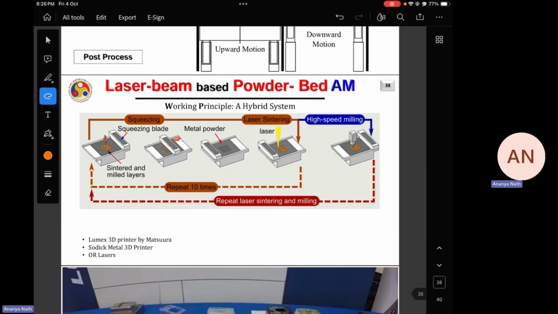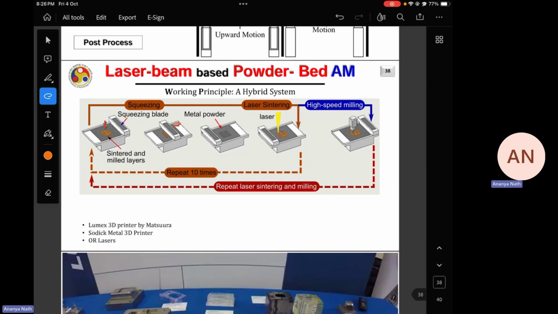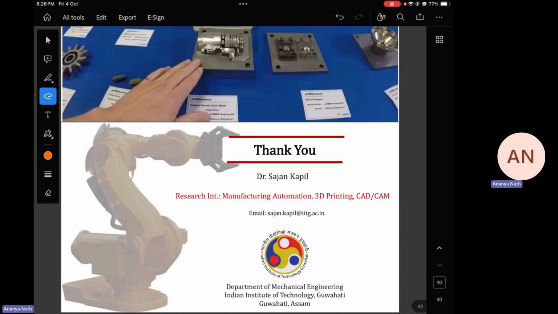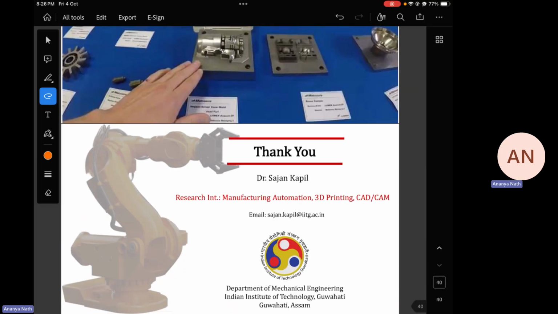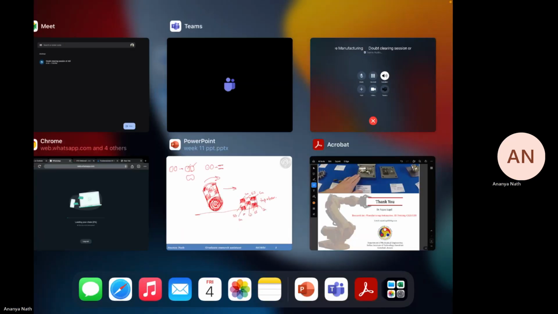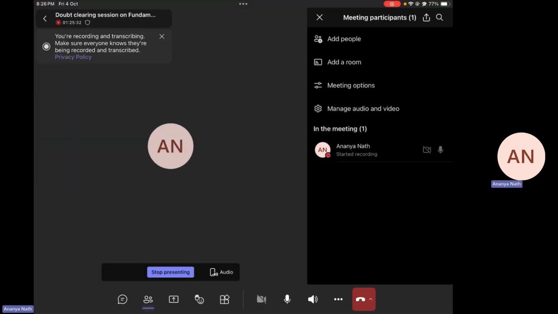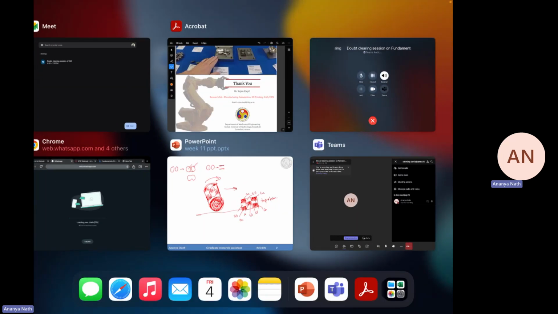So in case of laser beam powder bed additive manufacturing, these are the components in the LPBF system, and this is what is there in the lectures of week 11. So now I can share the previous year question.